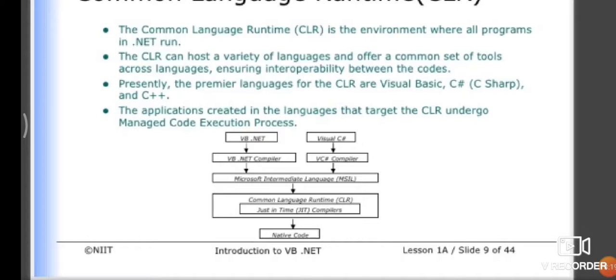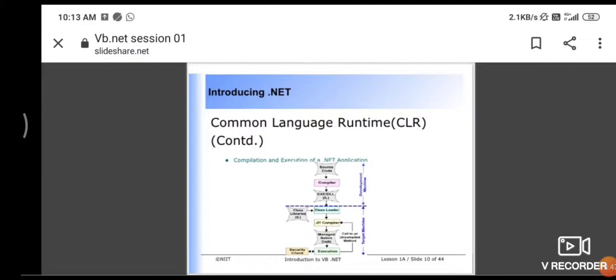You are writing a program in a high level language and the compiler is translating your high level programming language into the machine understandable programming language. So in this layer we can see the translation is done, Microsoft intermediate language, and then it comes to common language runtime, just in time, in which part the native code is generated and so the user gets the result.